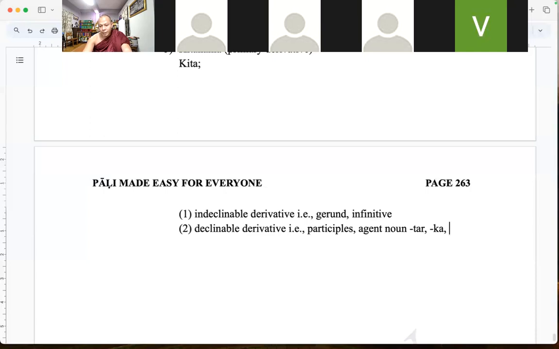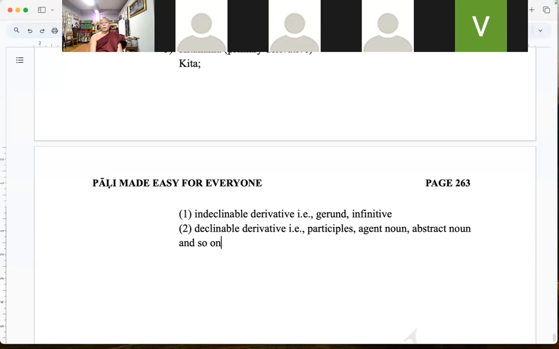Maybe some are just ending in R also. Okay, that is an agent noun. And also abstract noun and so on. Okay, so all of them are declinable.